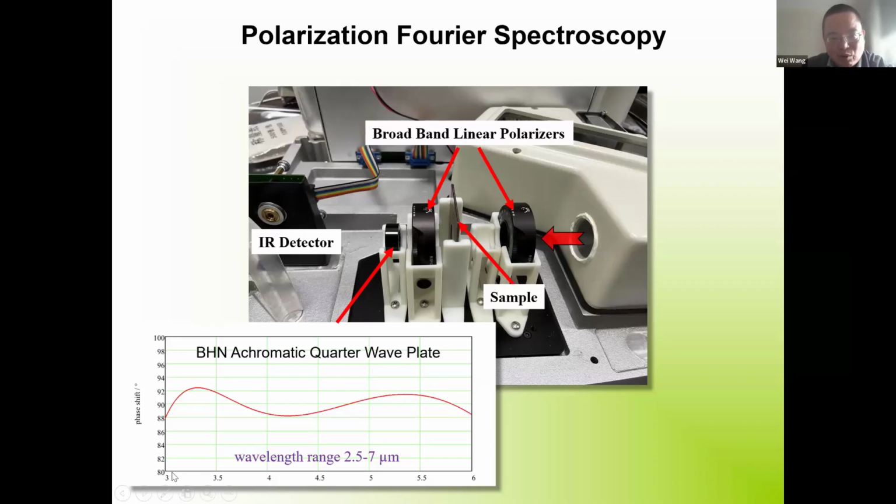Within this very wide range from 2.5 to 7 micrometers, this device can achieve a good quarter wave phase delay over this very broad band. Once we modified this spectroscopy, we are able to have our measurement.